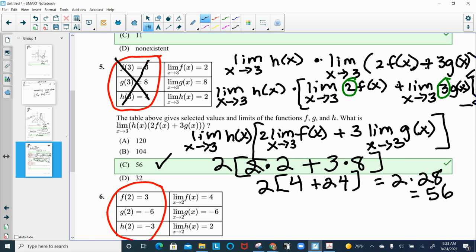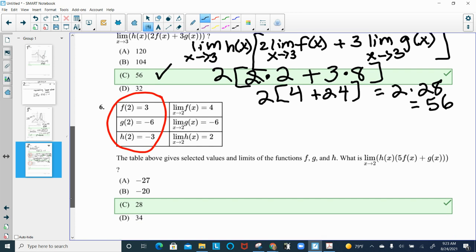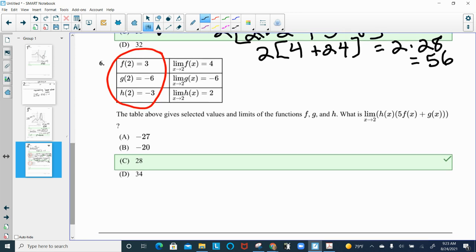I hope that makes sense. And it feels like a lot of writing, right? But I wanted to do that writing for you so that you could see one all worked out. Now, this next one is very similar. I'm going to go ahead and write it out, but I'm not going to do every step with it. I'm going to do the h of x.